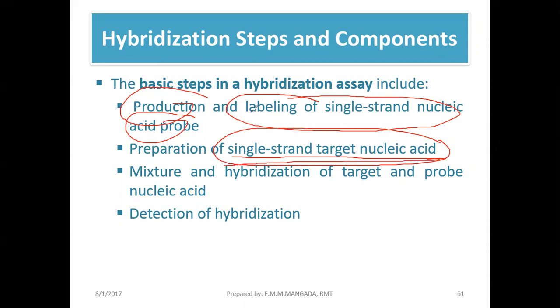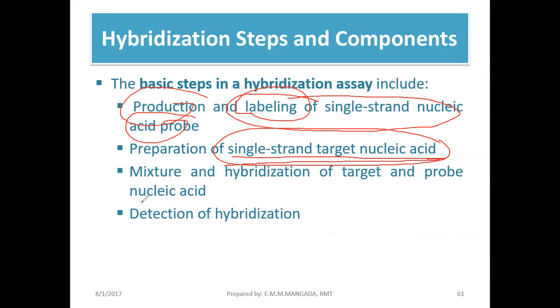So again, when we say labeling, we can use fluorochromes, radioisotopes, the ones from earlier, or biotin, avidin, streptavidin. You will know more of that when you get to your microbiology, where there is a discussion on it. And then comes the mixture and hybridization of target and probe nucleic acid. After that, we combine them.